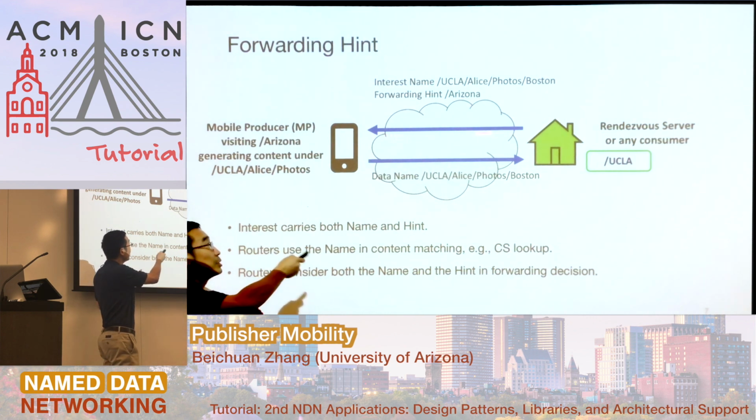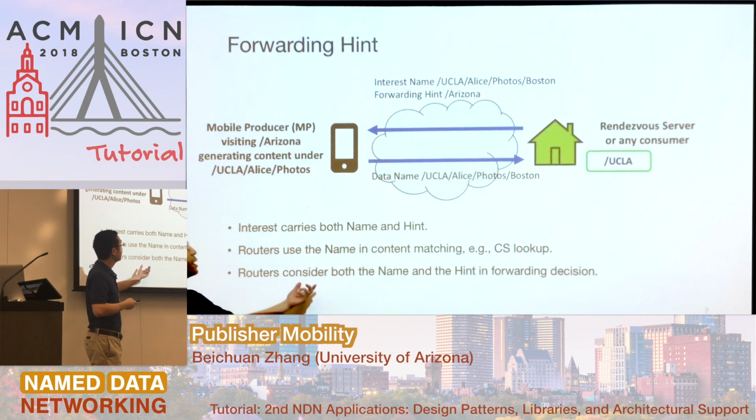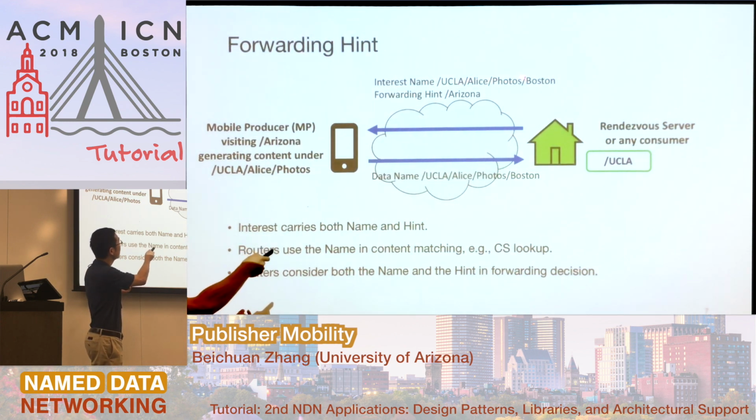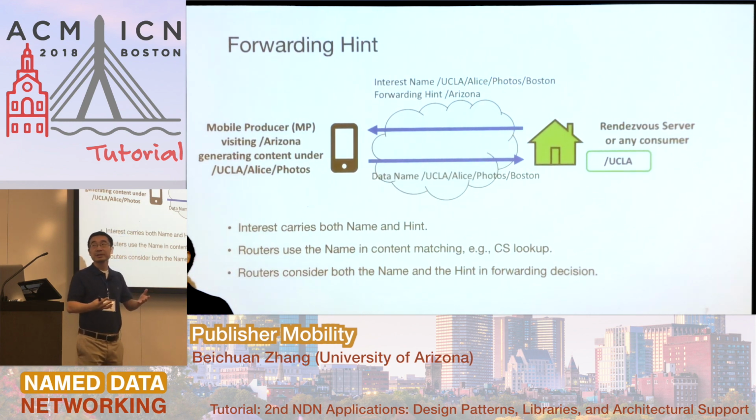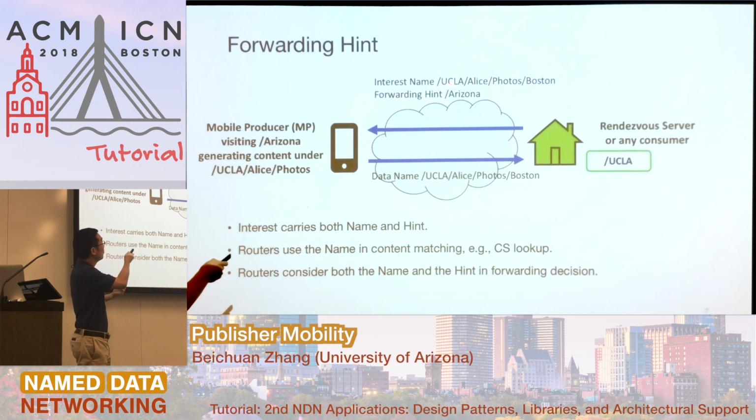When the routers in the middle receive those interests, they will look at the name, which is this part, when they try to match the content. So you're looking at your CS, your content store, to see whether you have a cache. When doing that operation, you only use this data name. But when the router is trying to make a forwarding decision of where to forward this interest, it will consider both.